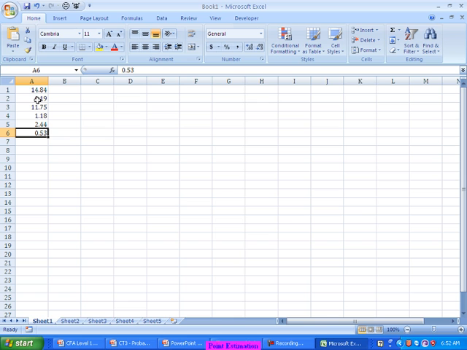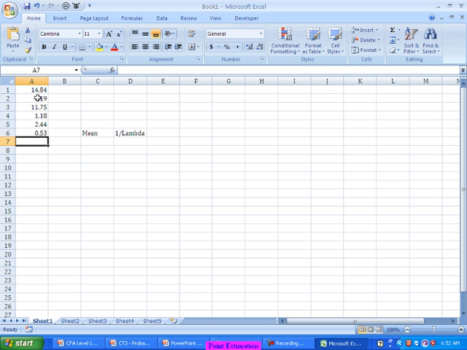With this data, I want to fit an exponential distribution. For an exponential distribution, the only thing I need is lambda. We also know that the mean of an exponential distribution is 1 by lambda.